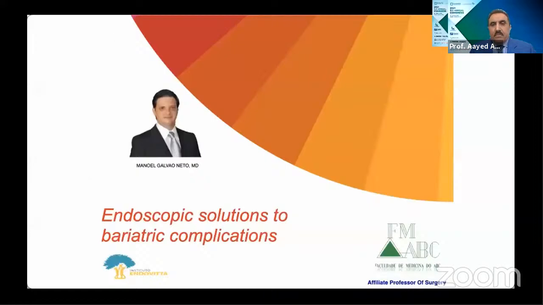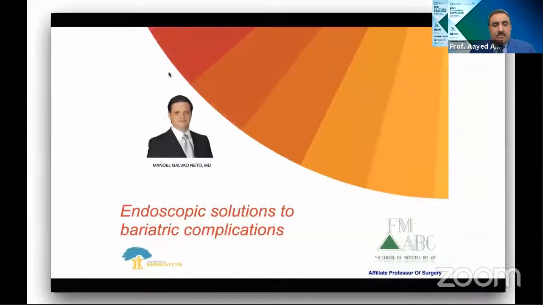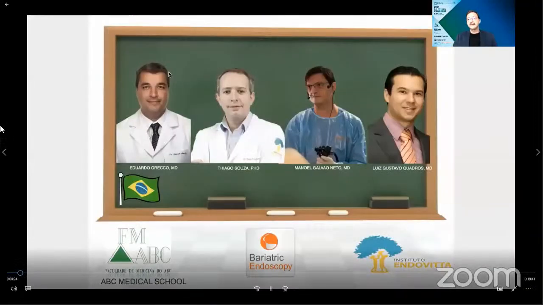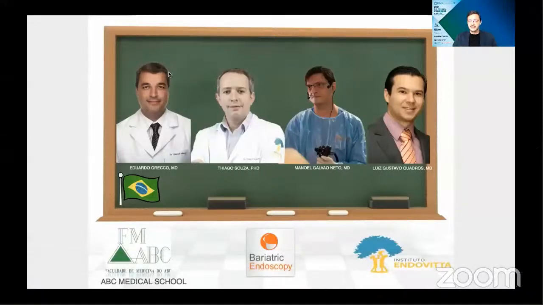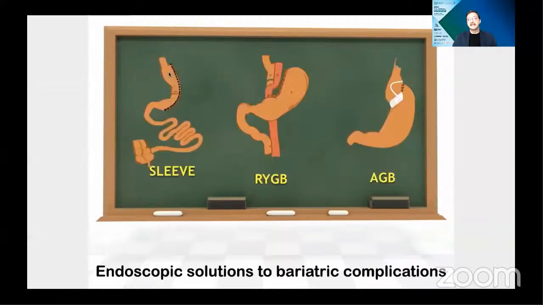And what I have prepared for you is one presentation about the complications of sleeve gastrectomy. So this is the team I work with that make my job look good. And we can intervene and we can help in complications of sleeve gastrectomy, bypasses, and bands.